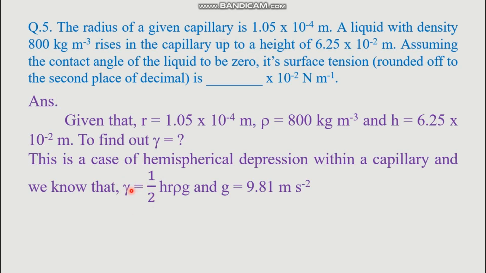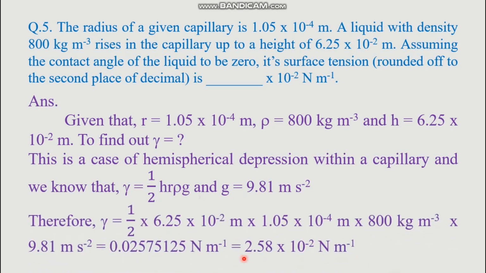So this is the equation: gamma equals half h r rho g, where g is the gravitational acceleration, whose value in SI unit is 9.81 meter per second squared. Having put in the values of h, r, rho, and g, we finally got the value 0.02575 Newton per meter.